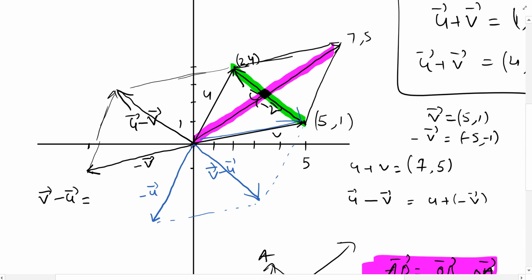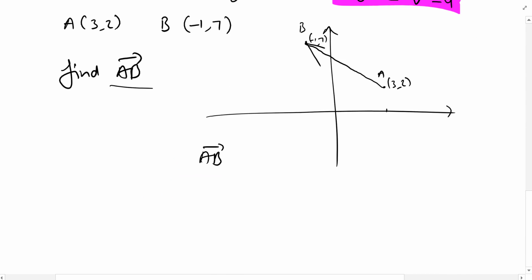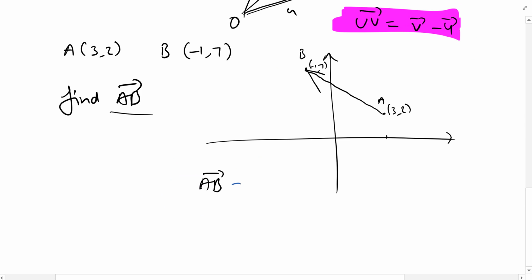Good. So we learned so far we have to write the vector towards which we are going. Going towards B, I write OB, because every point is a position vector, so we do OB minus OA. If they ask you to find the sum of them, then it's going to be this diagonal.